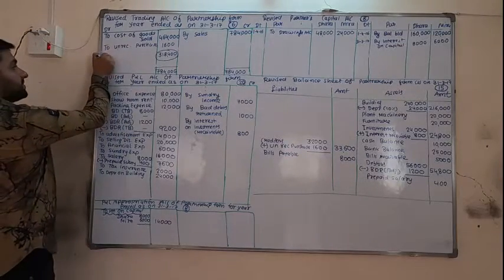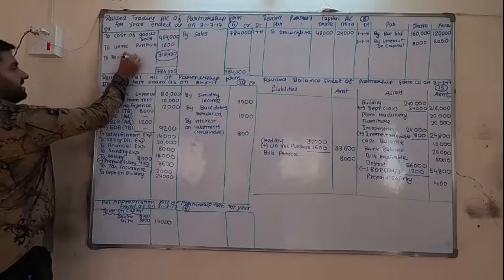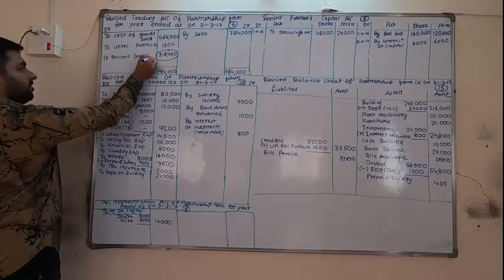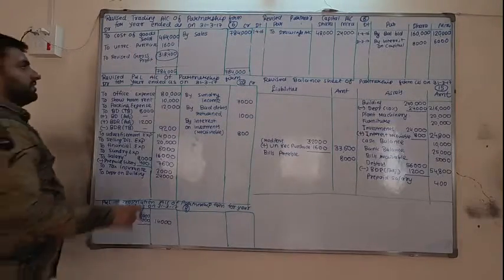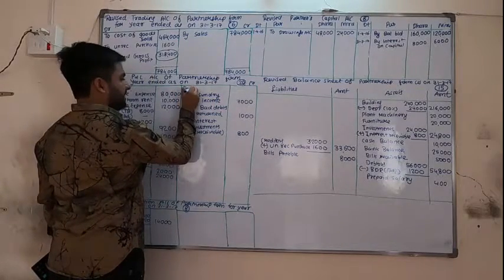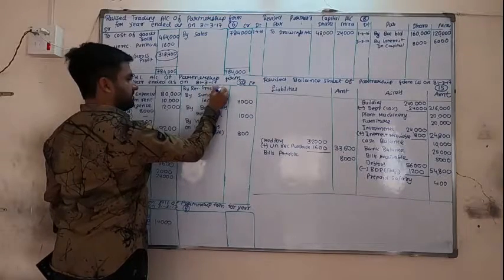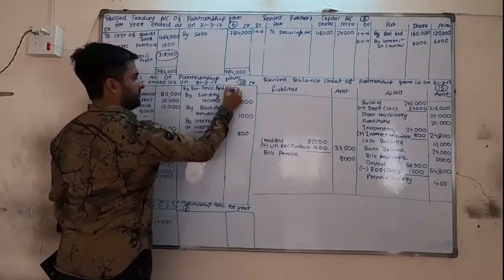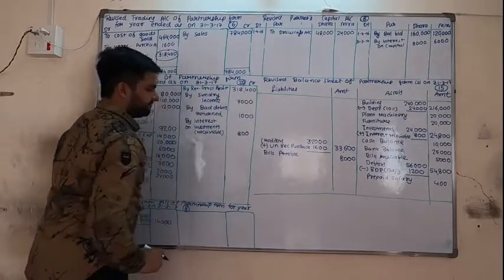So it will not be gross profit, it will be revised gross profit. Don't write gross profit, because all the accounts are revised. So revised gross profit 3,18,400. Here it is debited, so here it should be credited: by revised gross profit 3,18,400.